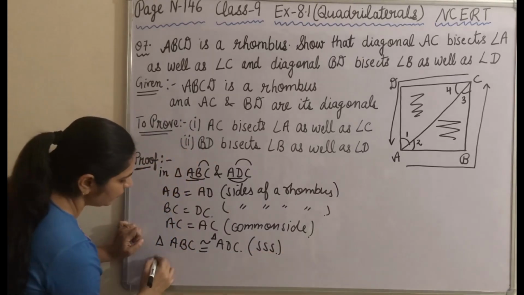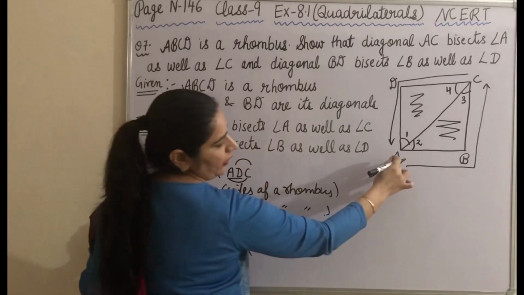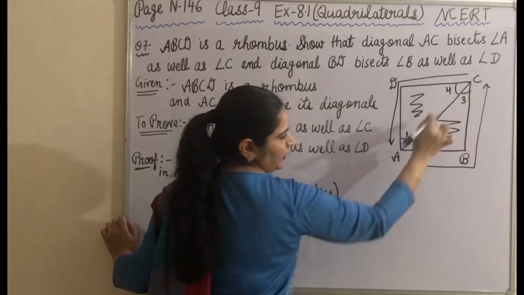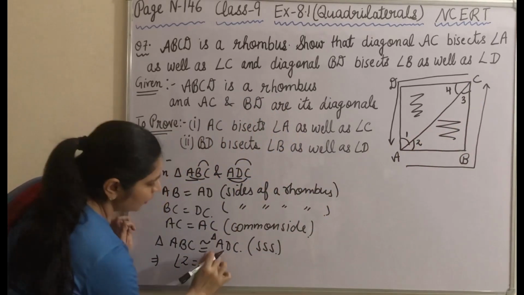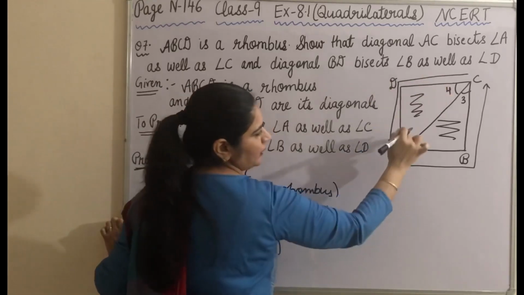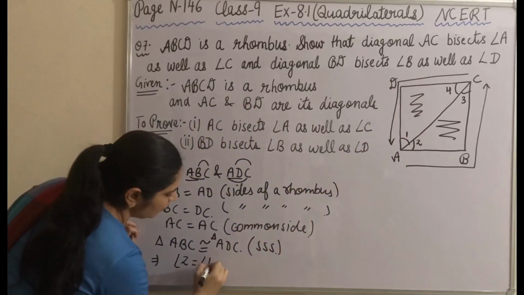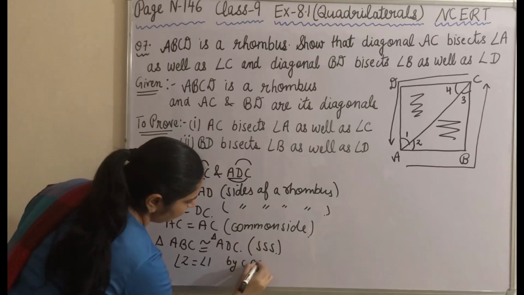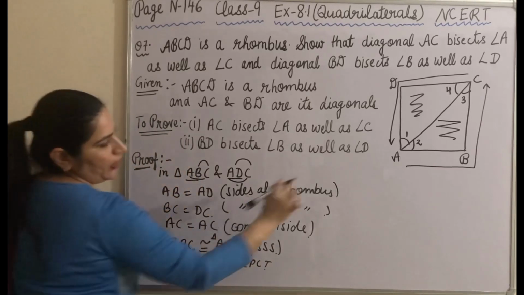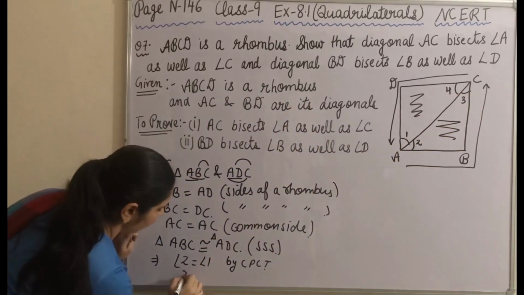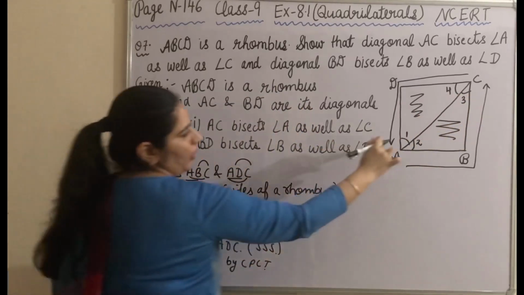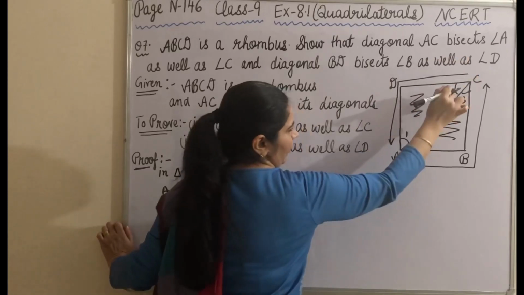When the triangles are congruent, by CPCT I can write in triangle ABC angle is angle 2, and in ADC angle is angle 1. Angle 2 is equal to angle 1 by CPCT. Similarly, in triangle ABC we have angle 3, and in triangle ADC we have angle 4.